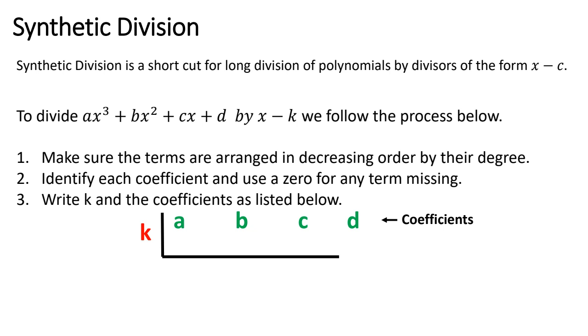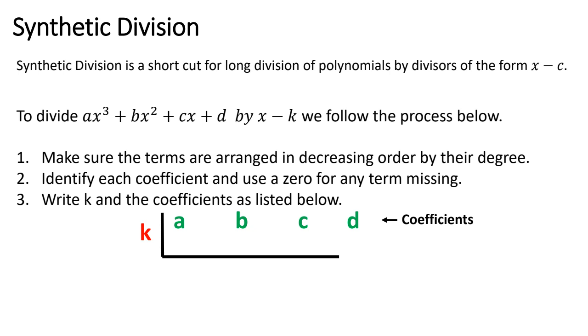Okay, then we have to identify the coefficient of each of our terms. And if there are any terms missing, we have to put a 0 for that coefficient, okay? Because we have to have a placement value. It's not like our long division, where we don't have to worry about that. But in synthetic division, we have to worry about our placement values. So then the last step is we're going to write the k.